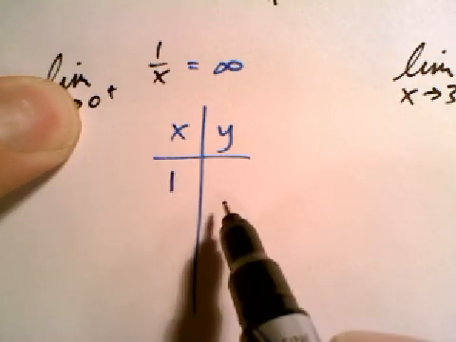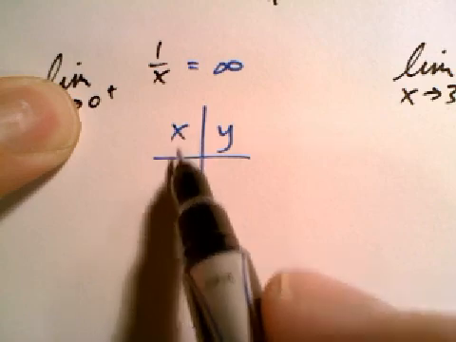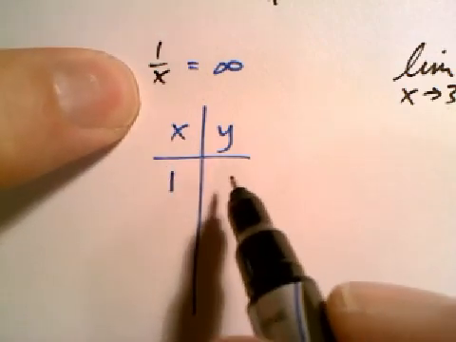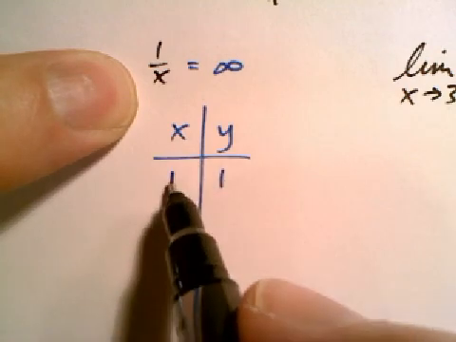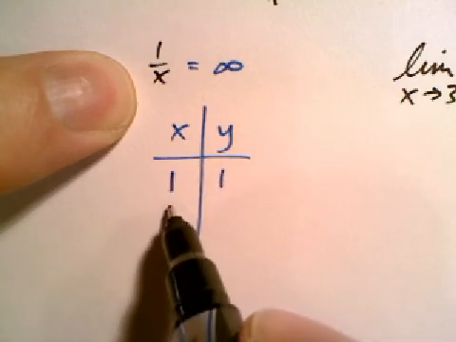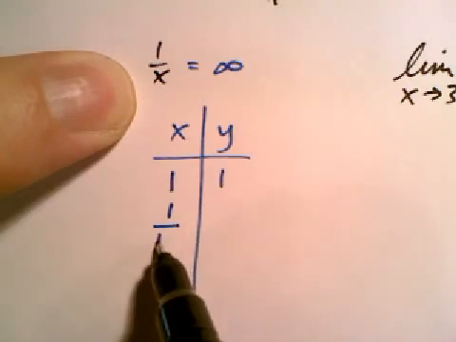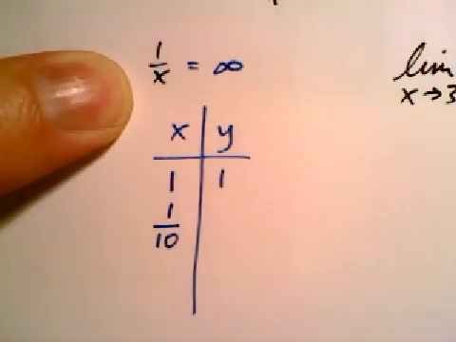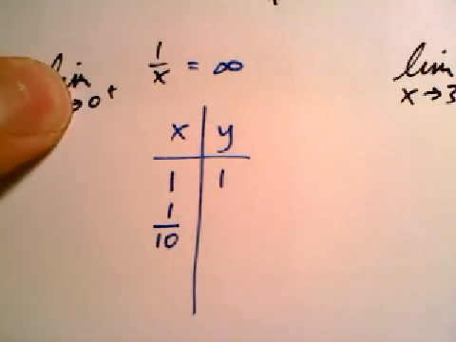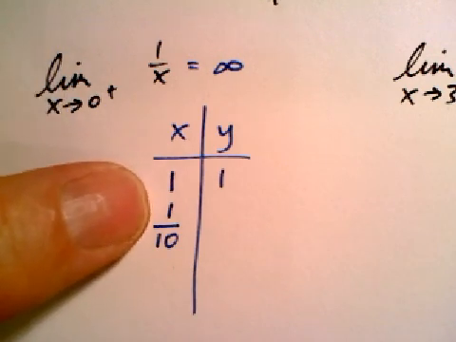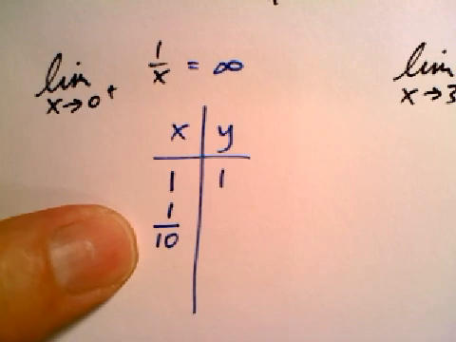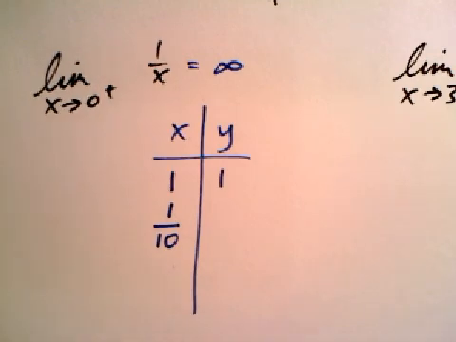When x is 1, 1 over 1 would be 1. So the y value when x is 1 is 1. But when x is, let's say, 1 over 10, so we're getting closer and closer to 0 from the right. I'm picking values of x that are getting closer and closer to 0 from the right. And let's see what happens with the y values.